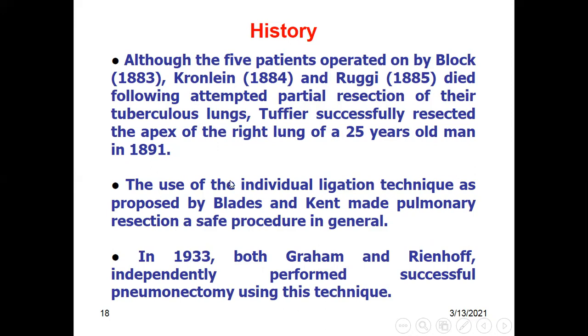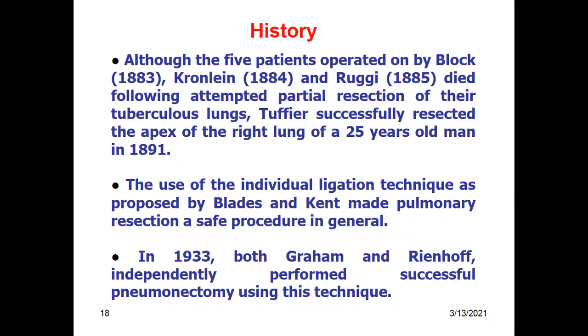The use of the individual ligation technique as proposed by Blades and Kent made pulmonary resection a safe procedure in general. Initially, pulmonary resection was performed by a mass ligation of the hilum, but this procedure is no more practiced because of its complications.